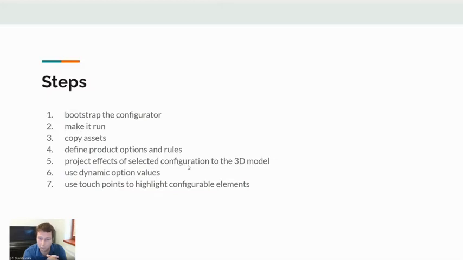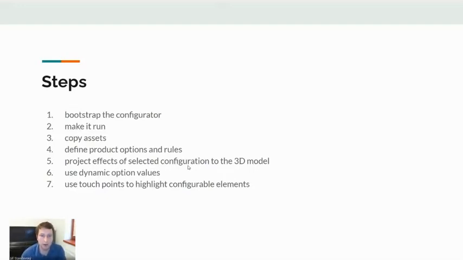So we will be focusing on configuring it. And then we'll move all the assets there, because I have them prepared. It would take a lot of time to find all the 3D assets, assemble them together, and also the icons and images and all this stuff.